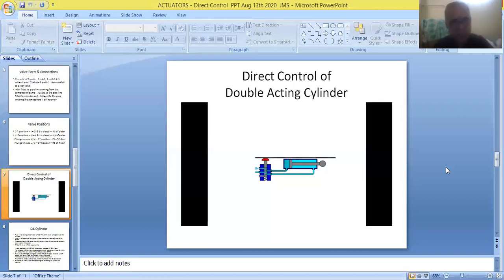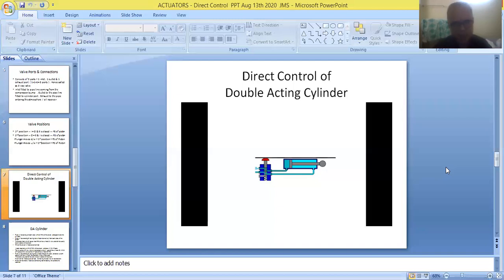And in this case, the fluid is acting on both sides of the piston. Therefore, it is referred to as a double acting cylinder. So friends, fluid pressure is used not only for performing the forward stroke of the piston, but also for performing the return stroke of the piston. So that's why it is called a double acting cylinder.